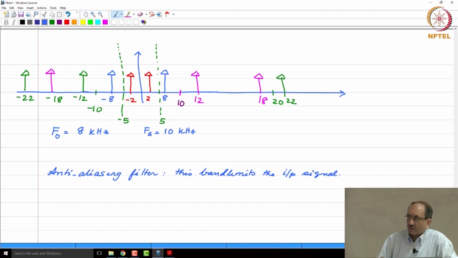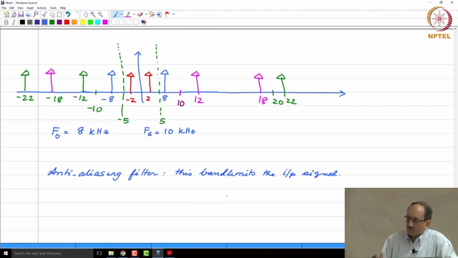Once you have band limited this input signal, and if you now sample it, you will not cause aliasing. But because you have put this band limiting or anti-aliasing filter at the front end, you are now going to lose some high frequency component, because you have band limited the signal before sampling. So, you have lost high frequency component.